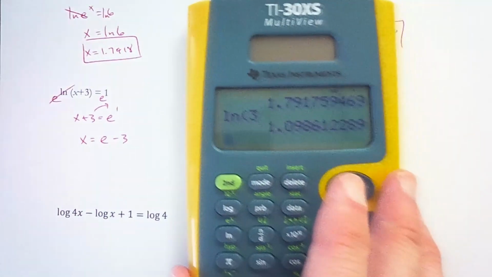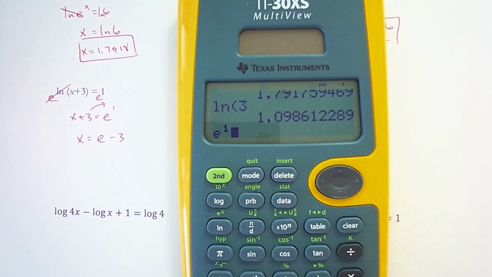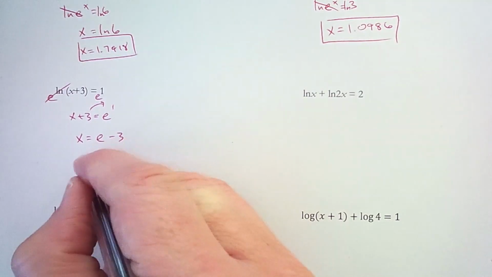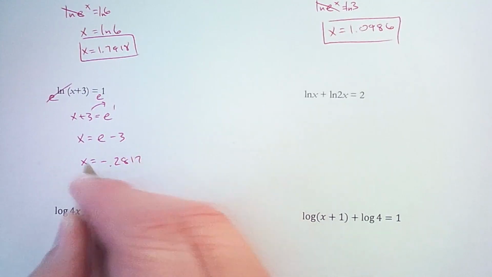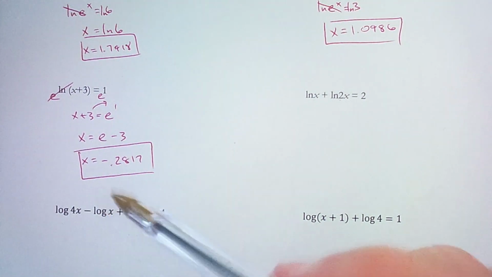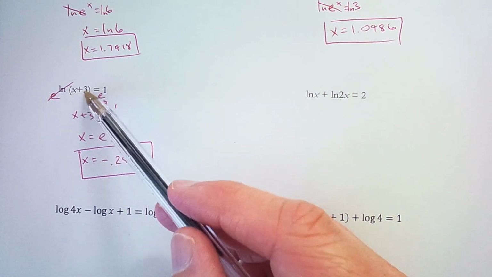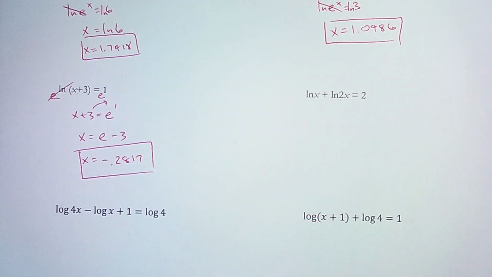So in my calculator, e to the first power minus 3 is negative 0.2817. If I plug this back into the argument, negative 0.2817 plus 3, I will get a positive argument, so I know I can keep that solution.